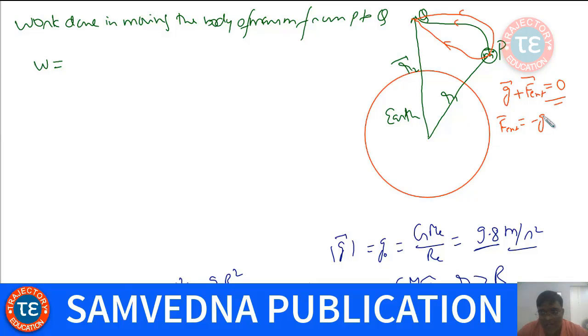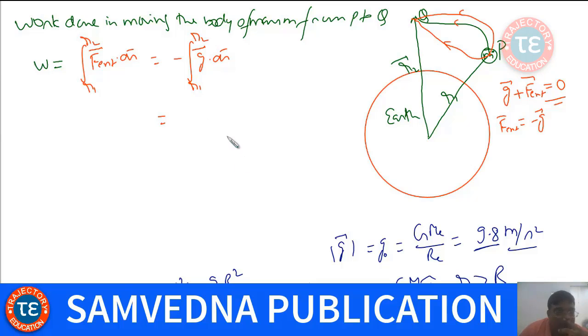So Fext we are applying is minus of G. Then the work done is Fext dot dr. That's the mechanics. And Fext is minus G, so integral of minus G dot dr from R1 to R2.